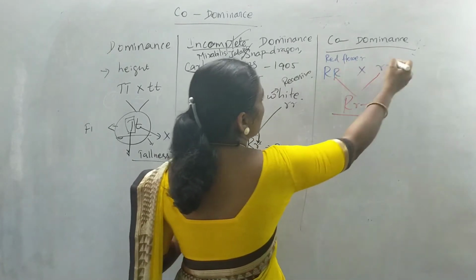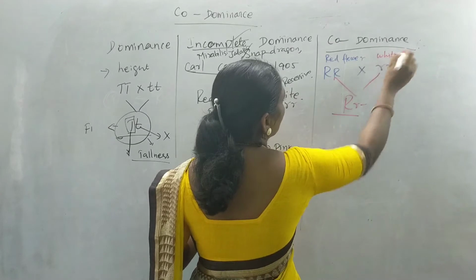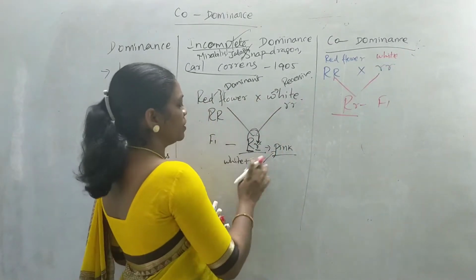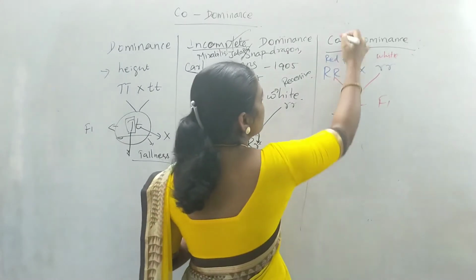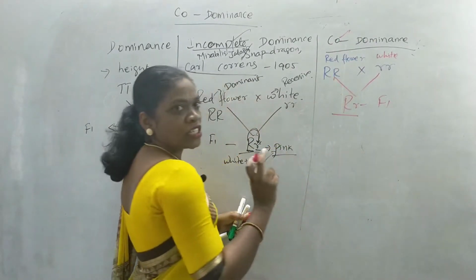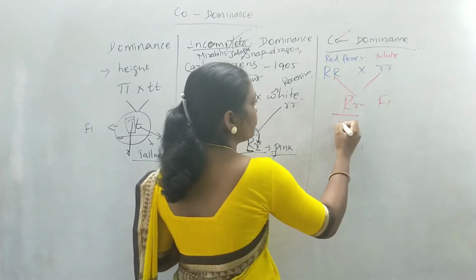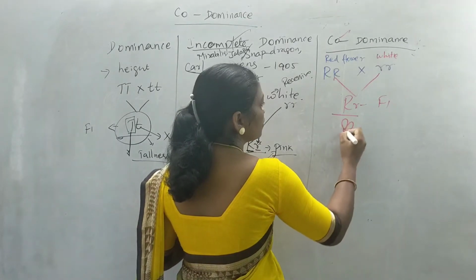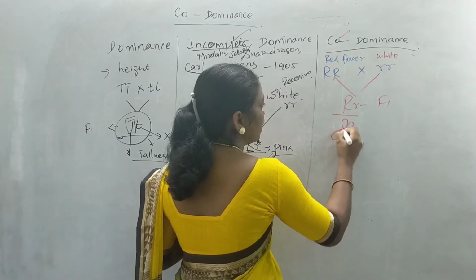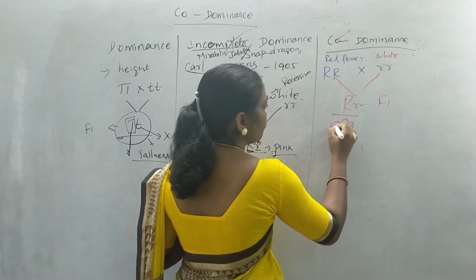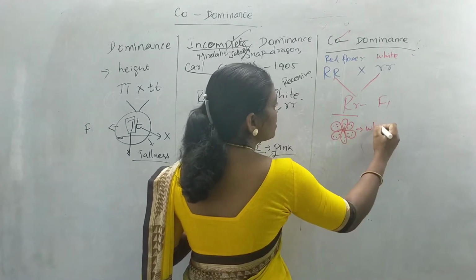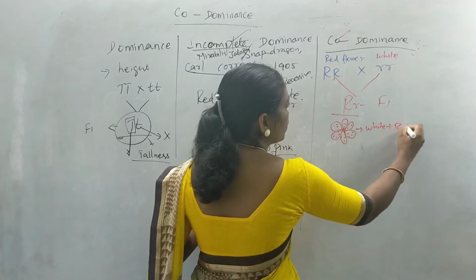This is red color and this is white color. In the case of incomplete dominance, they result in a pink color. But what will happen here? It shows codominance. Both the genes are expressed, and you can find a red color flower which has white dots. So it is a mixture of both colors, where white and red are found.